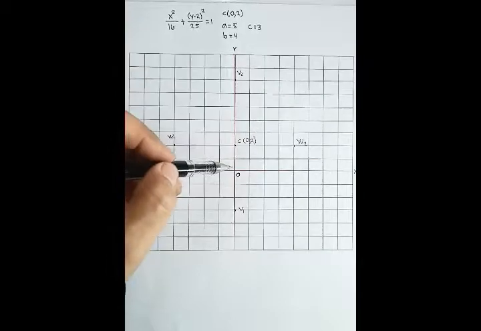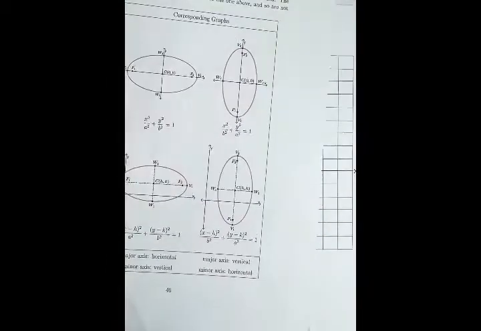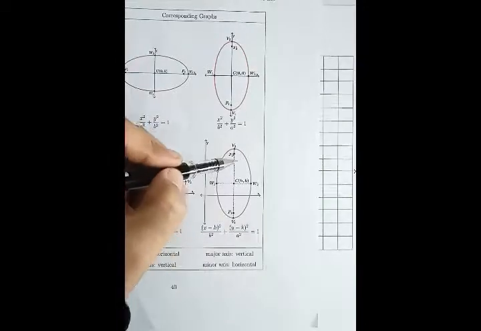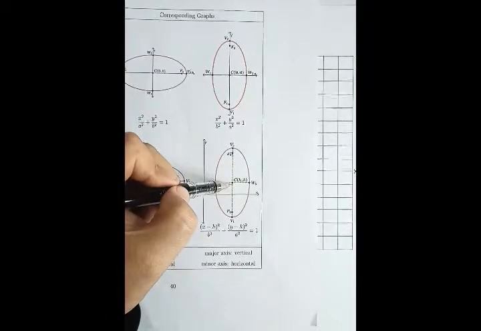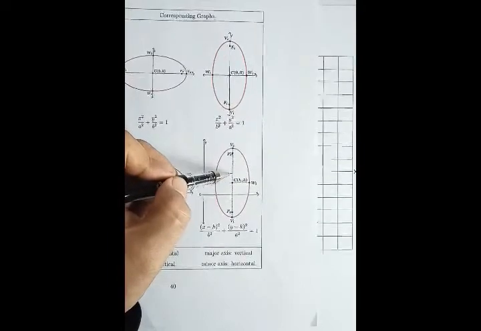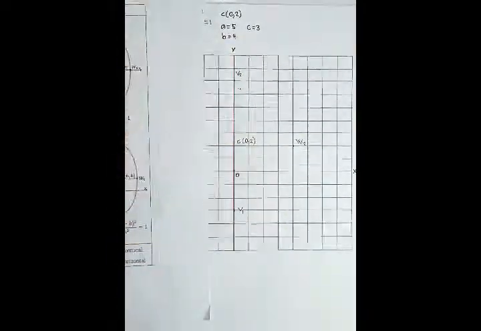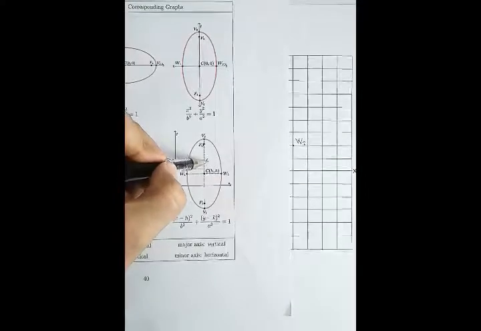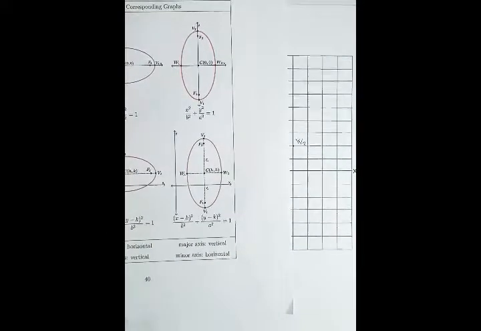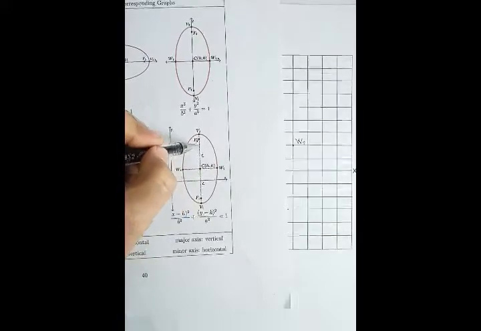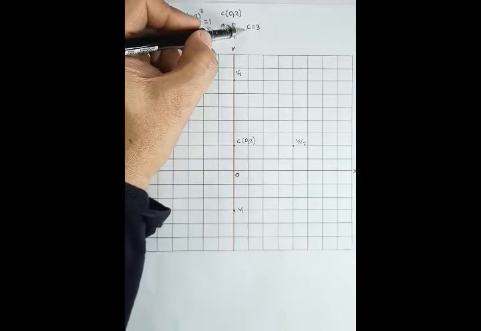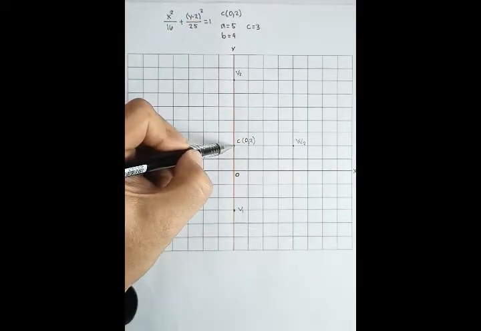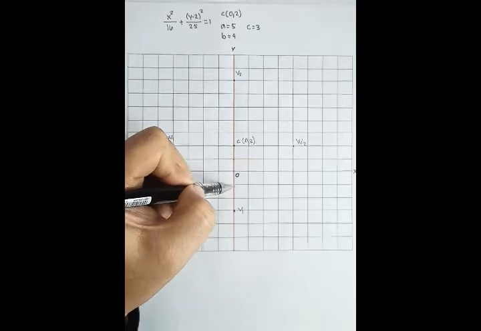And then for our foci, two foci. So our foci are F1 and F2. So from the center to F1 and from the center to F2, this is the value of C. So our C is equal to 3. So from the center we count 3 downwards. 1, 2, 3.